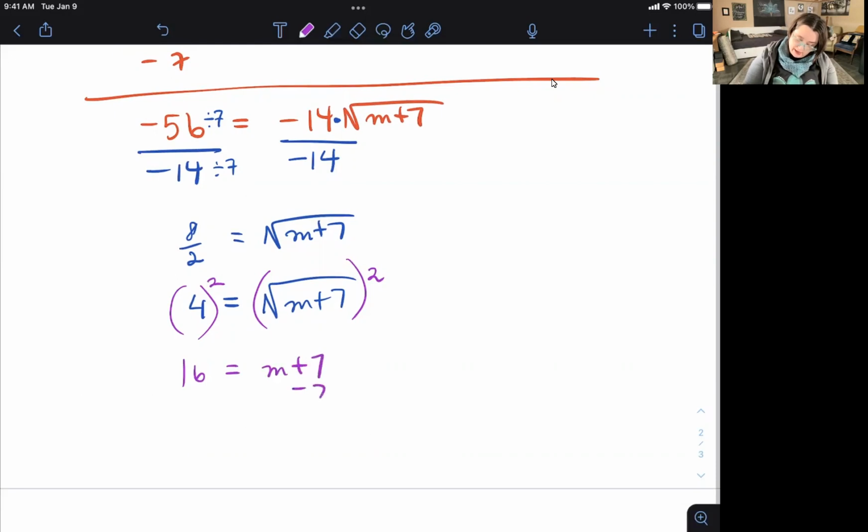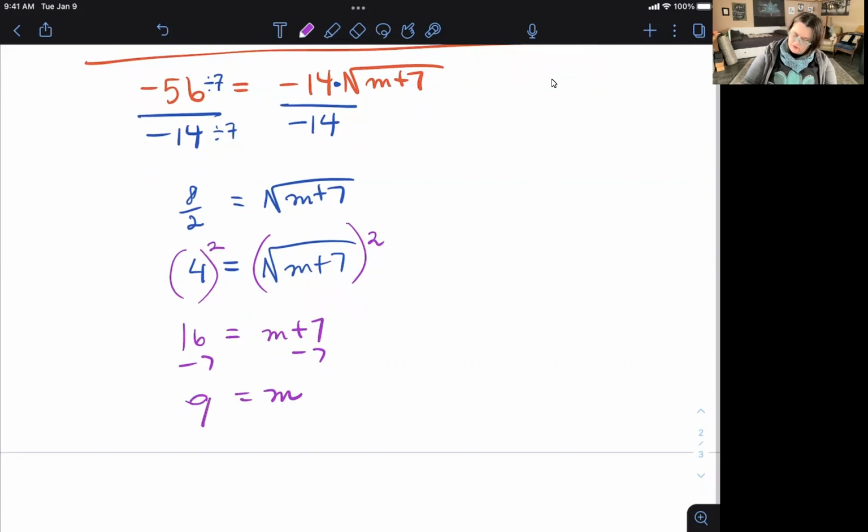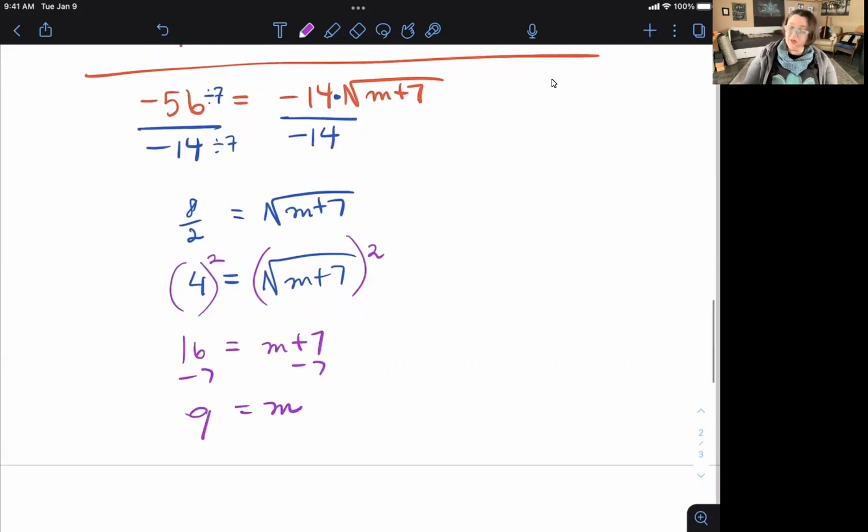I can subtract 7 from both sides to isolate m. And that should be 9, I believe. Is that true? No. Yes, that is 9. Okay, I just really think about that. And you could use a calculator too, but we don't know if this truly is the answer unless we check it.